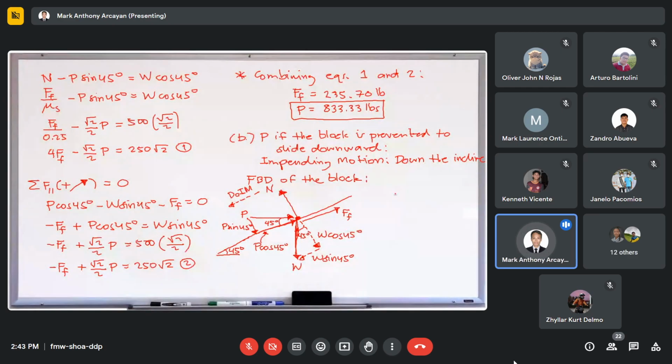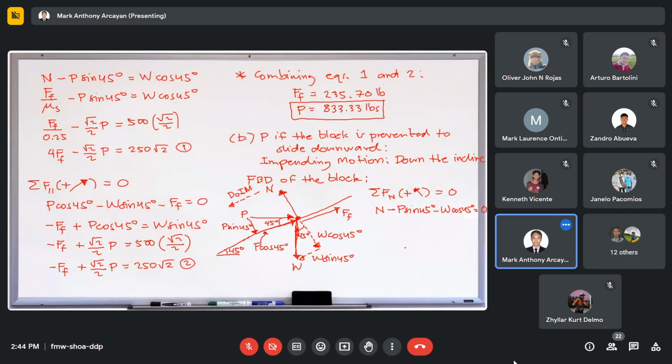Now, nakompleto naman tanan. So, mag-perform na ta og summation of forces, no? In order to solve for P. So, summation of forces, mag-start ta normal to the plane, positive kung paingon sa normal direction, that is equals to 0. So, we have the normal force, then minus P sine 45 degrees, then minus the weight, so this W cosine 45 is equal to 0.